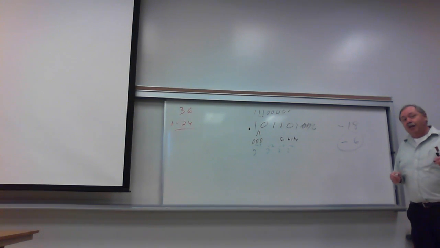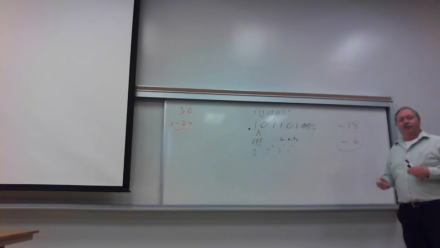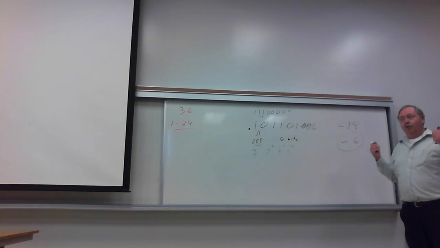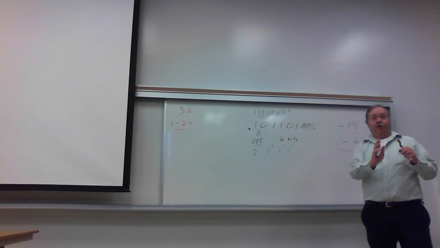What if it wasn't signed? If it was an unsigned number, then what do you assume about the value? Let me figure this out. This is a very good question.